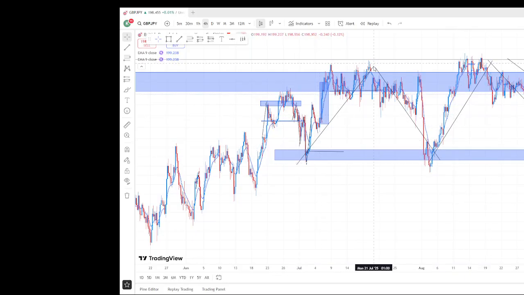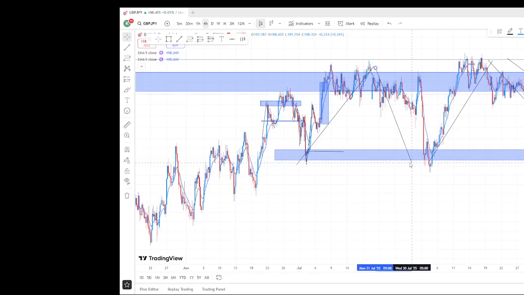The market went up right here, consolidated very nicely, consolidated literally on the resistance, and then it broke down to the support again, and then went directly back up, making a double bottom to push to the upside.